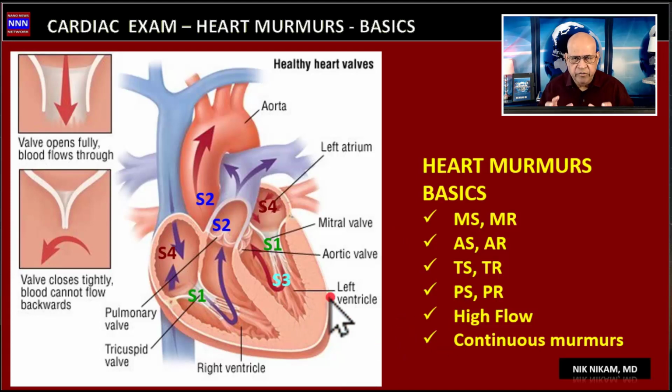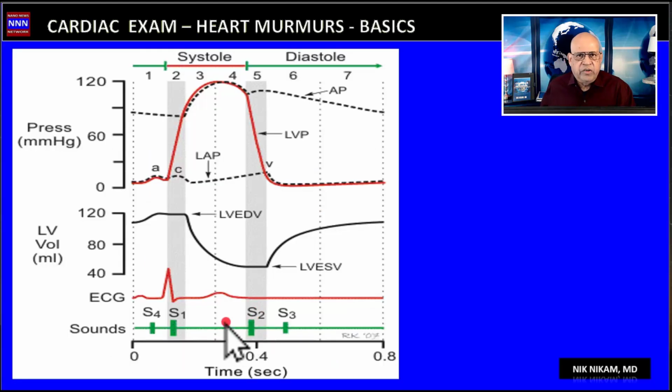Let us focus a little more in depth and try to understand the timing and the quality of each one of these heart murmurs. Let's talk about the timing. We hear the mitral regurgitation murmur during the continuous systolic phase of the cardiac cycle.